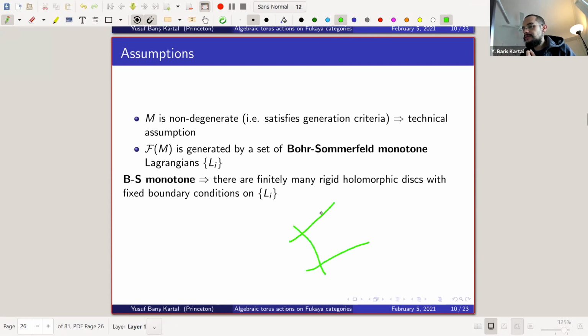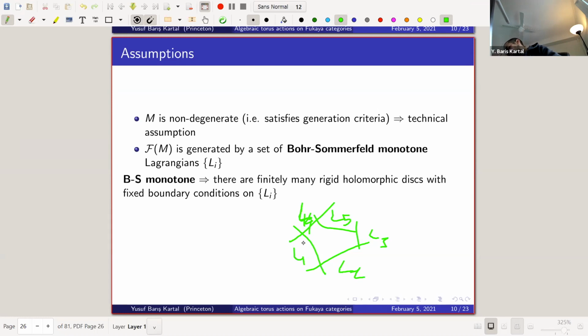What I mean is, if you are going to count, okay, my handwriting is really, oops. Whatever. Once you fix these boundary conditions, you can only have finitely many rigid holomorphic disks.